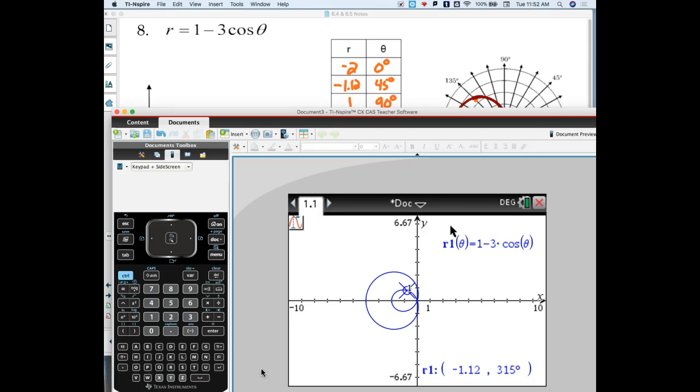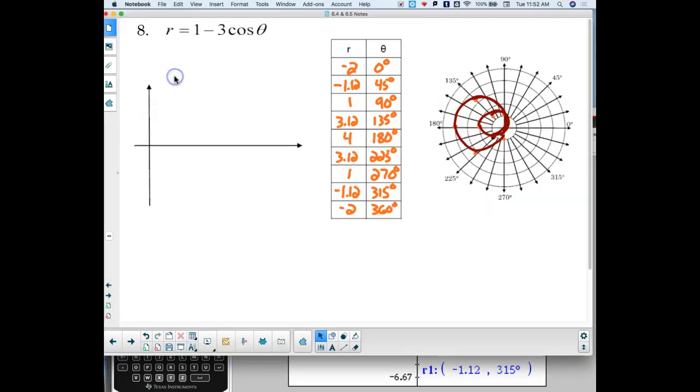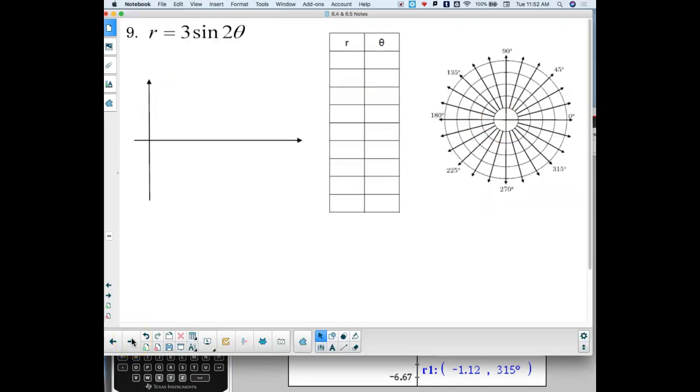What I'd like you to do now is I would like you to graph me 3 sine of 2 theta.